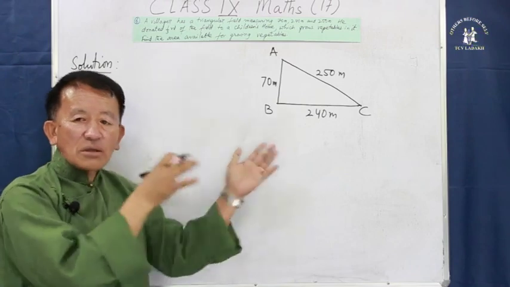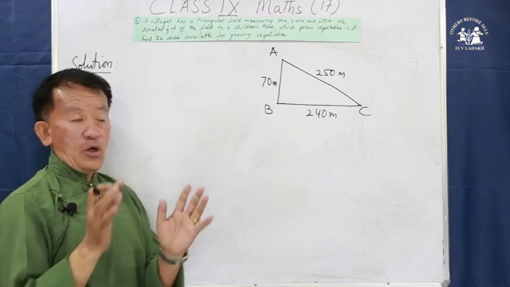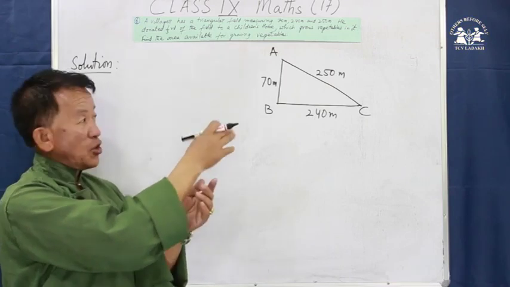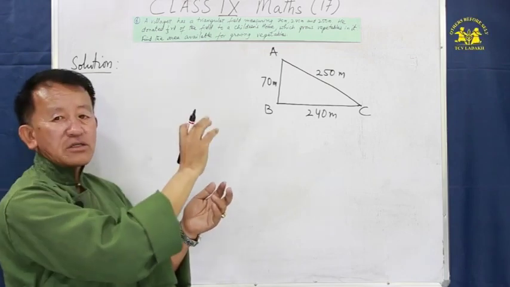One is according to the lesson. Since we are studying Heron's formula, we shall use Heron's formula because you are given the lengths of all the sides.